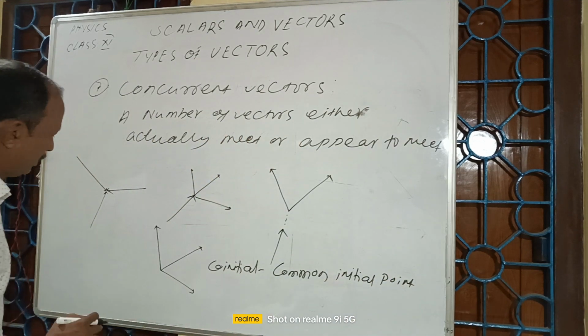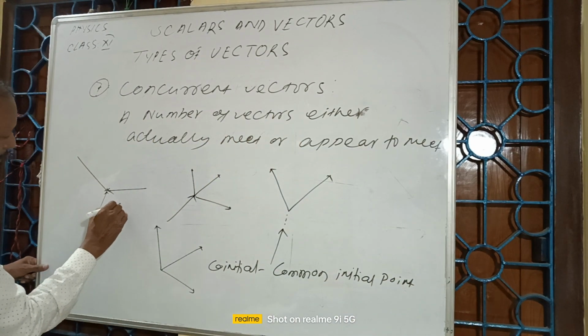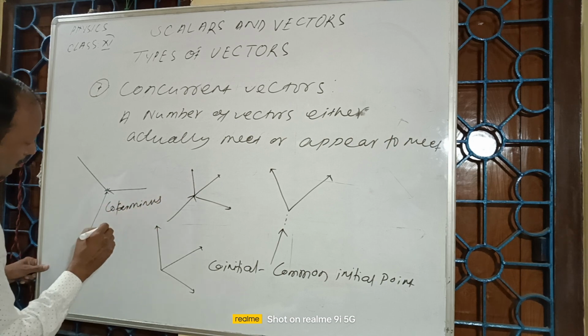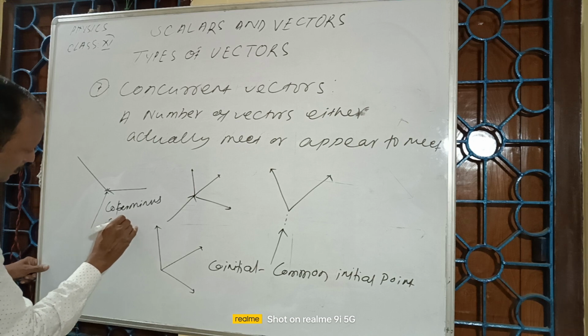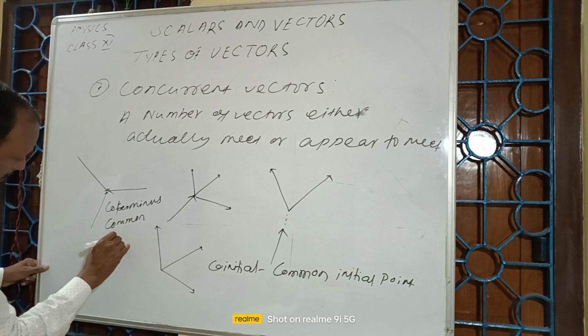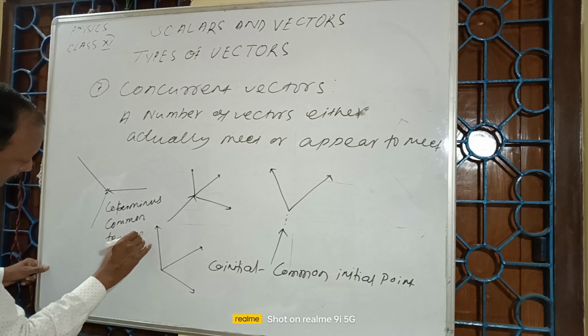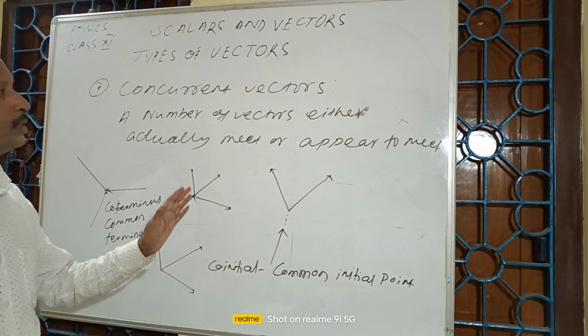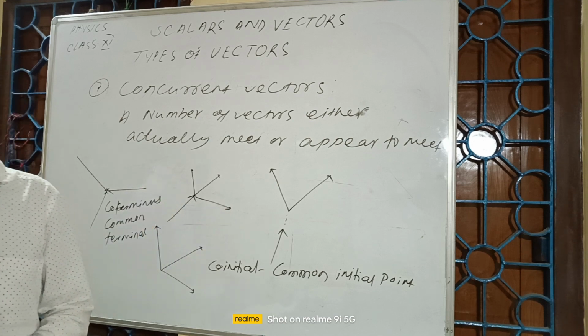This one we can say coterminus means a common terminal point, but all are concurrent vectors.